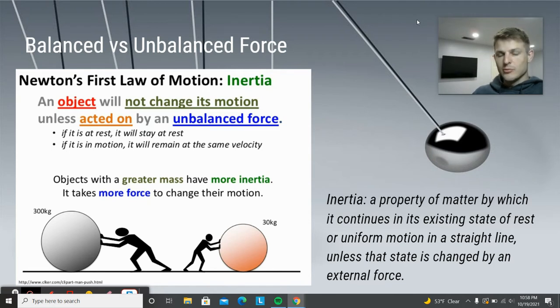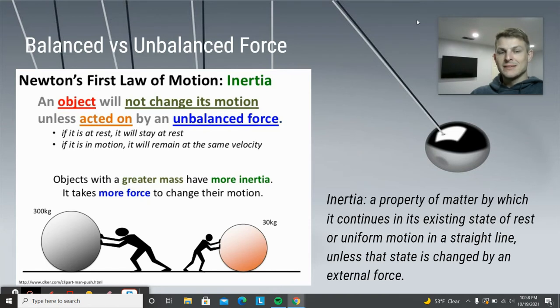And I've talked about this a little bit before. So why is that? Well, this all comes down to inertia. Inertia is a property of matter like acidity, color, pH, melting point, whatever. There's lots of different properties of matter.